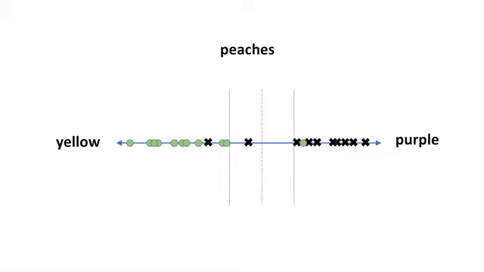But you can still create a dividing line with its margins, and any data point that is on the wrong side of its margin gets a penalty based on how far over it is. So you can move the position of the dividing line and the width of its margins to take that penalty, add it in, and still make that as small as you possibly can.